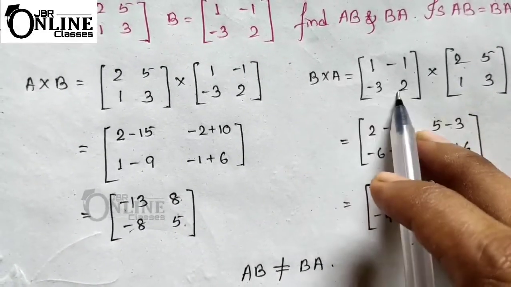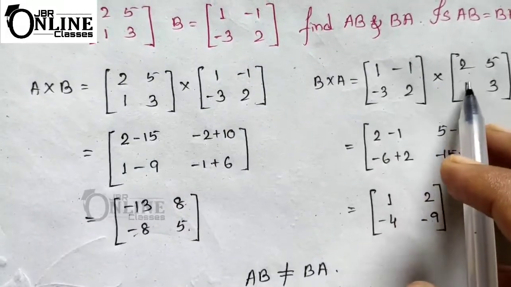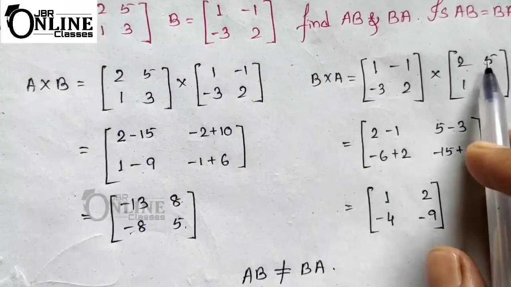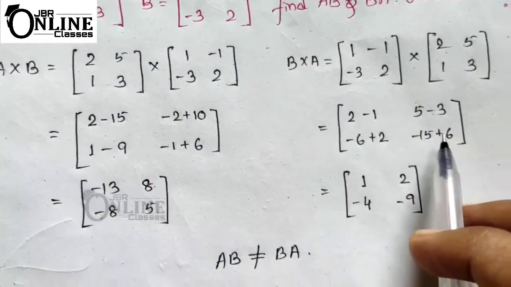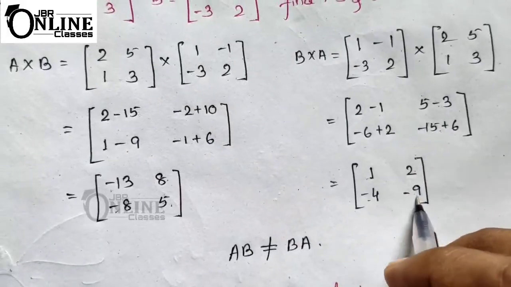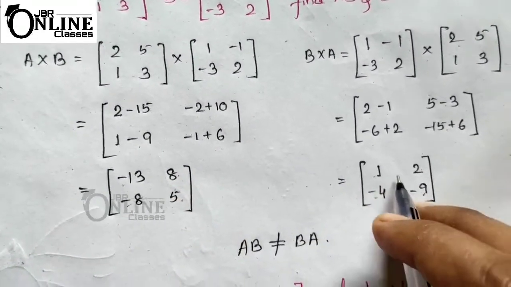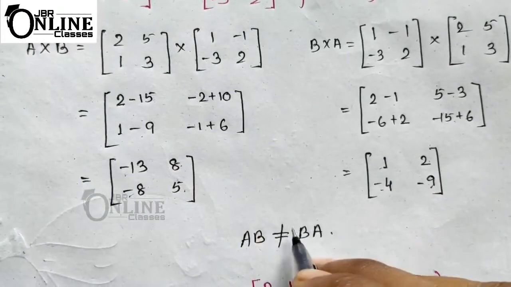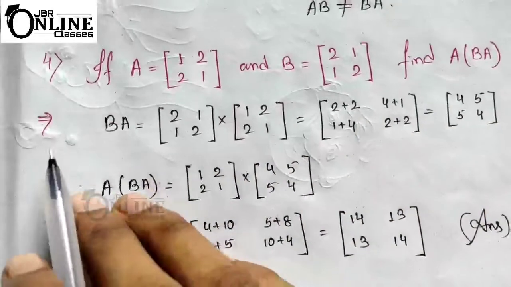Next second row first column: 2 into minus 3 is minus 6 and 1 into 2 is plus 2. Then 5 into minus 3 is minus 15 and 3 into 2 is plus 6. So here [1 2; -4 -9]. That is the value of the AB matrix and that is the value of the BA matrix, but AB is not equal to BA.